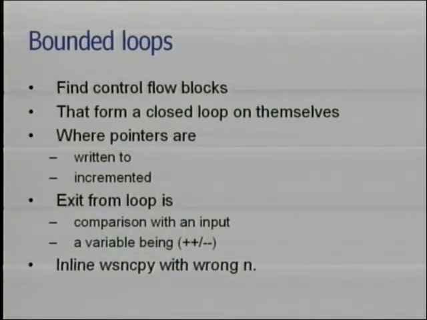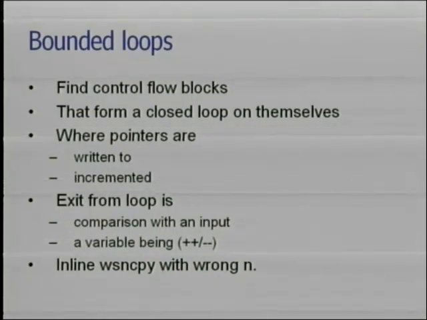There's been lots of vulnerabilities with things like inline WSN copy, where people think that function from Windows takes the number of bytes, but it takes the number of wide characters. So they put too many on there, and basically you can write twice as much to the output buffer as you intended.